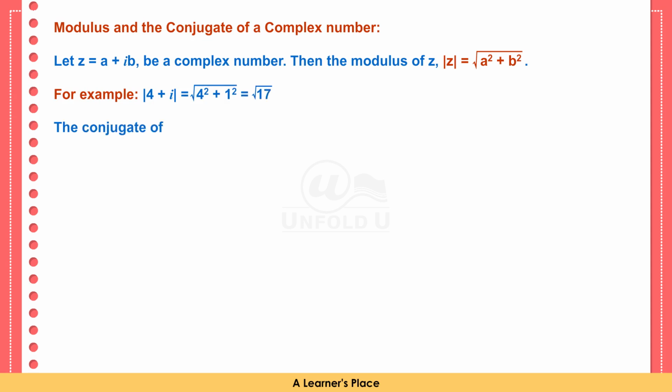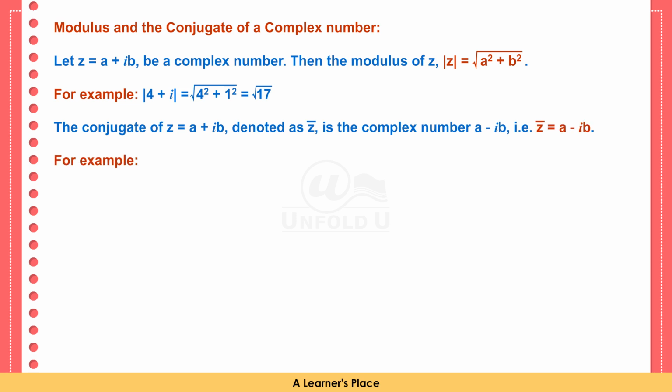The conjugate of z is equal to a plus iota b, denoted as z bar, is the complex number a minus iota b. For example, conjugate of 4 plus iota is equal to 4 minus iota.